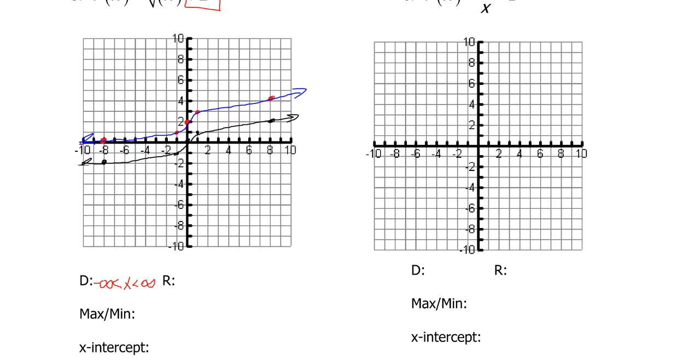It extends in both directions with no bound. And the range, as we can see, never stops either. So we can say that's negative infinity to infinity. There is no maximum or minimum to this.